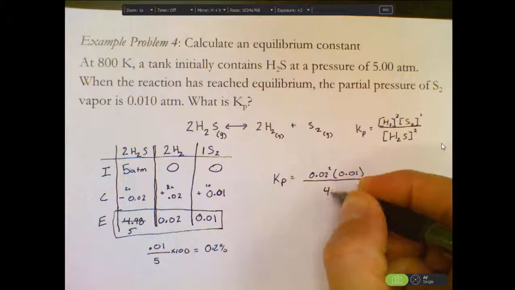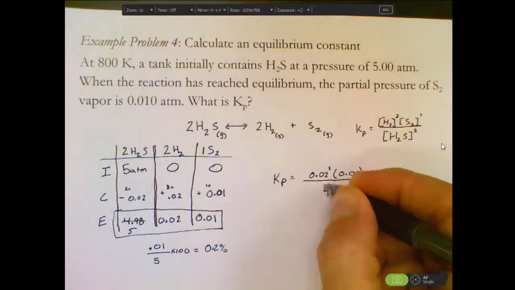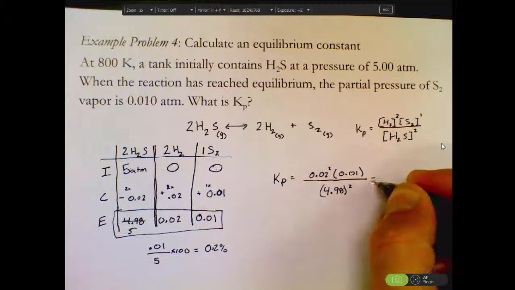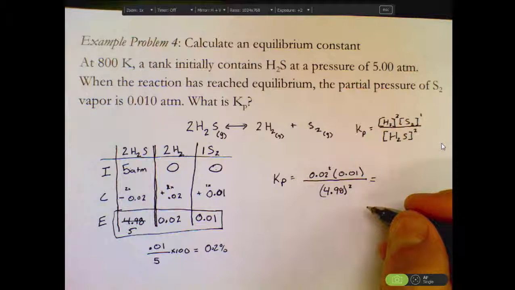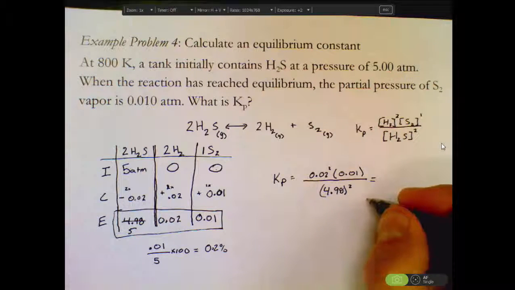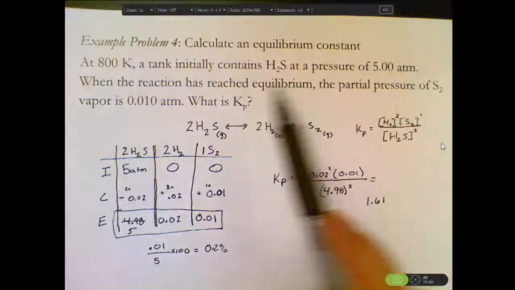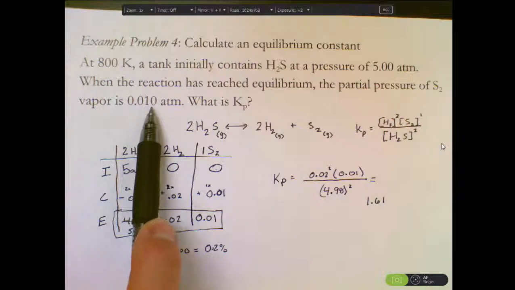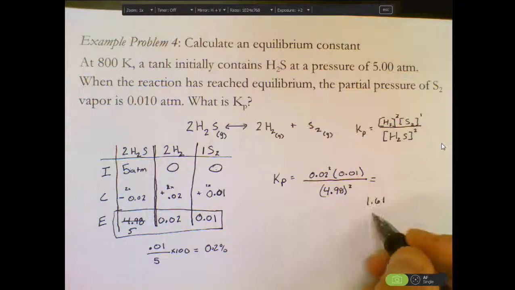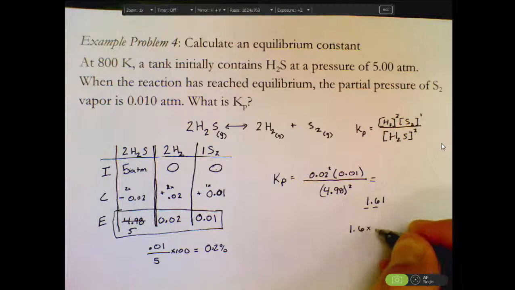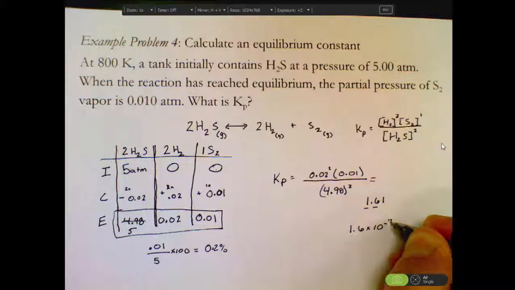We'll go ahead and run 4.98 squared, and that'll give us a number. Plugging these numbers in, we get 1.61 times 10 to the negative 7th, and we get 2 sig figs because of this right here, 1, 2. So 1, 2 place values, 1.6 times 10 to the negative 7th, and that's equal to Kp.